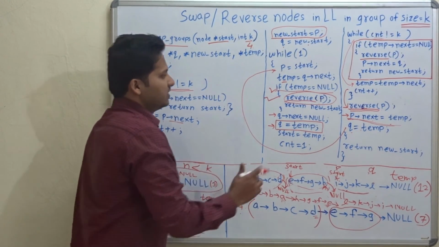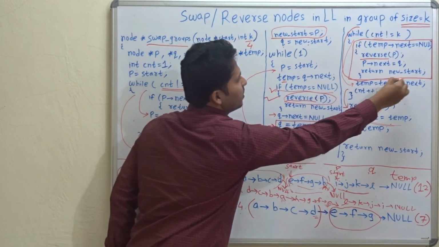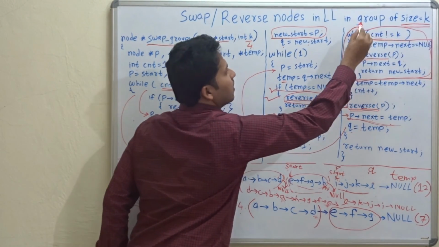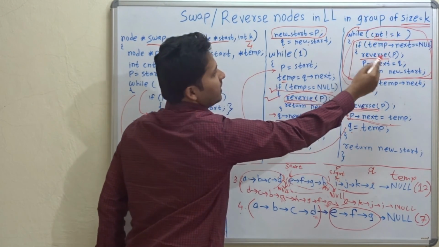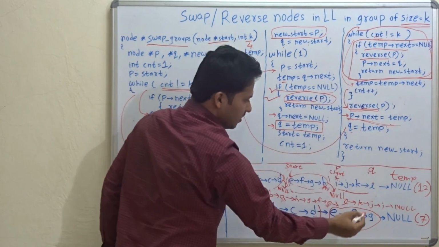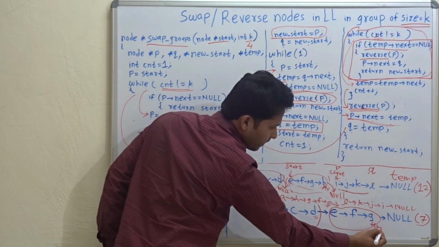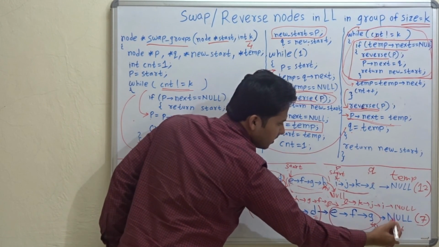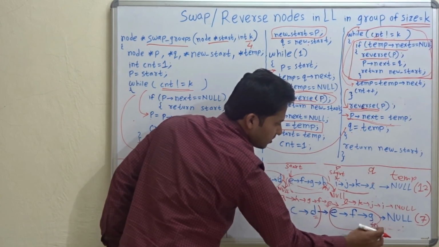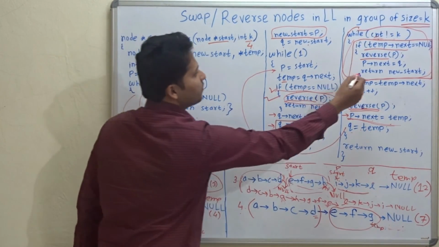So in this case, in the code, in this while loop, before counter becomes 4, temp reaches null. So before counter becomes 4, the temp points next will be null. So the next of temp will be null, and this is where we return.